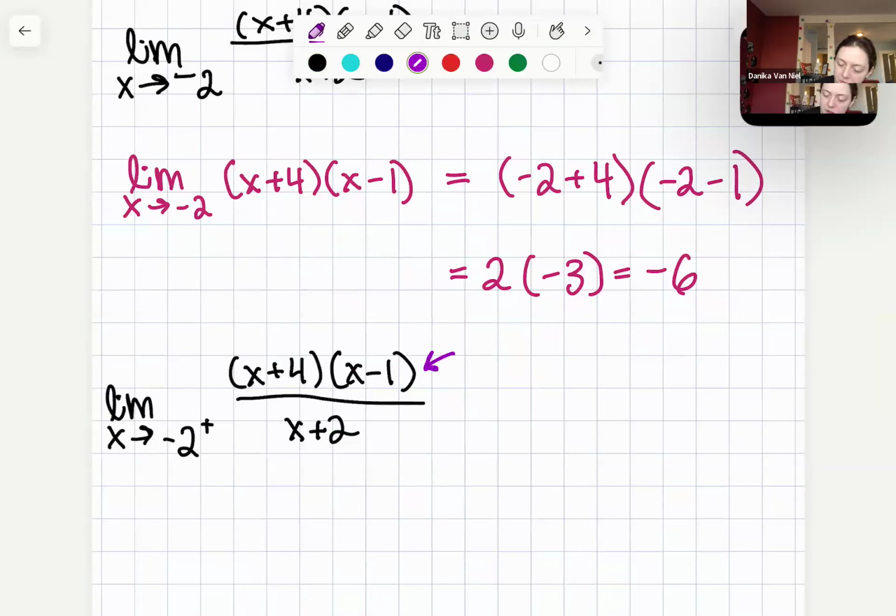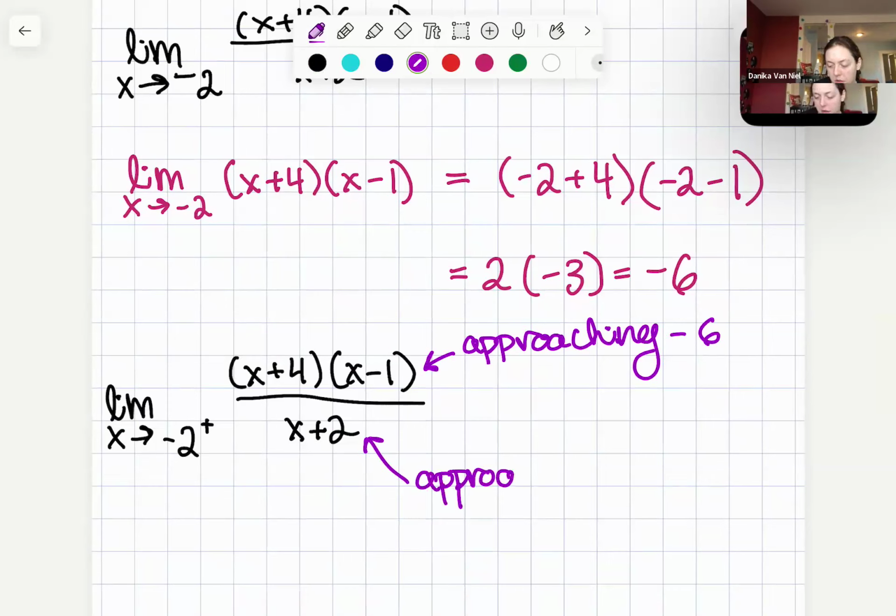I know my numerator is approaching -6, and my denominator I know is approaching 0, but I want to know, is it always positive as it's approaching 0, or is it always negative as it's approaching 0? For a tiny piece like this, remember, we're just coming from the right.